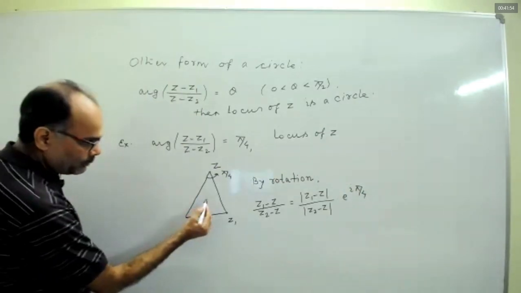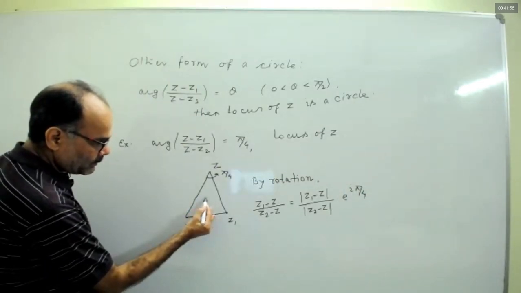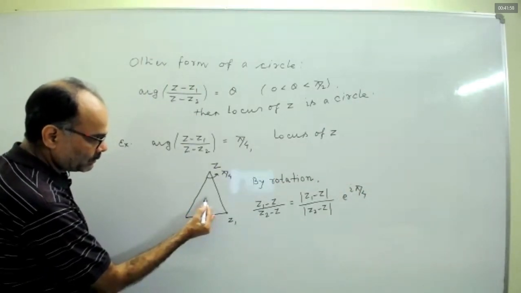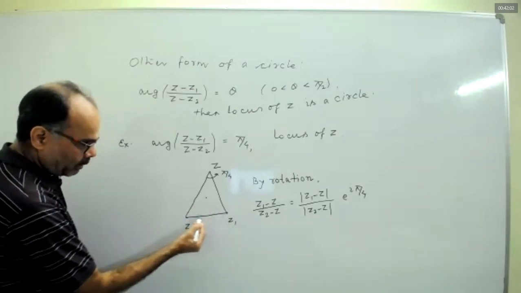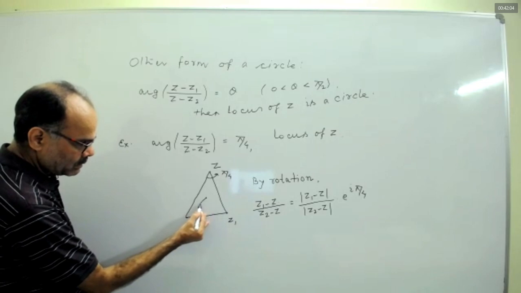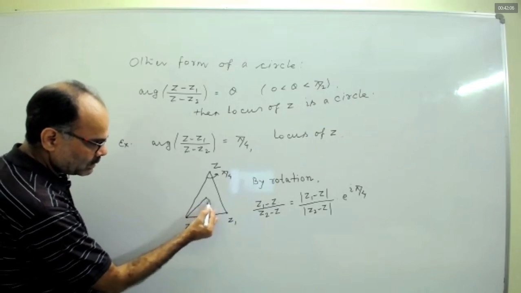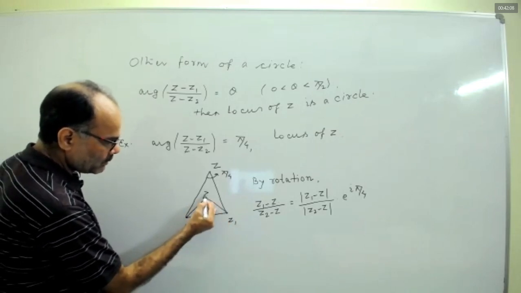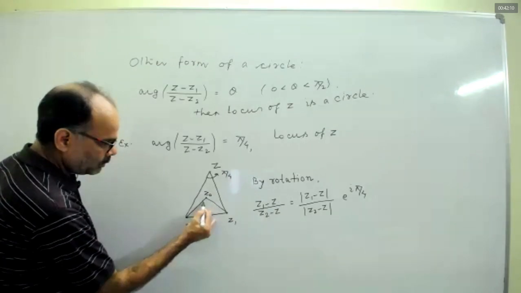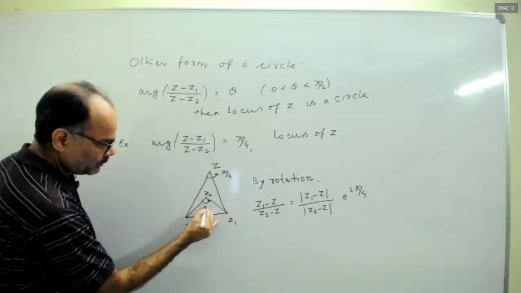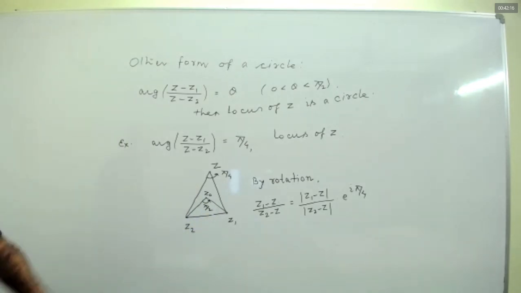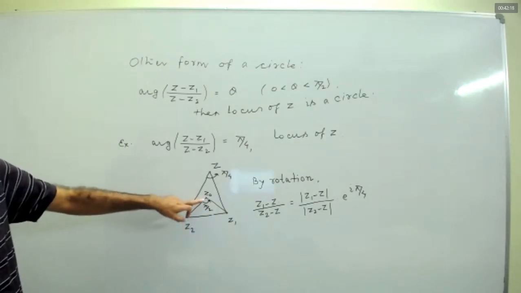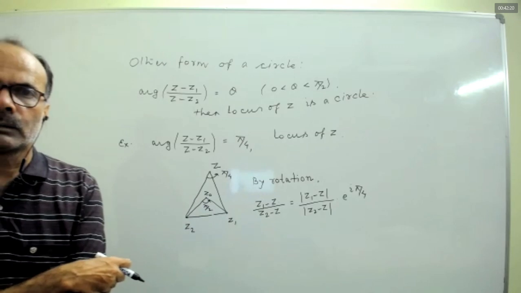Now think of a point inside this circle, maybe outside, where the same chord subtends an angle of pi by 2.